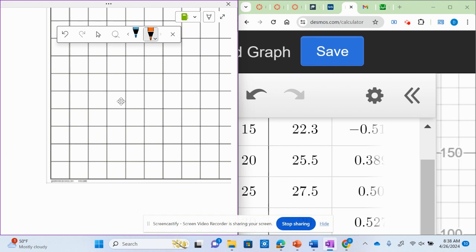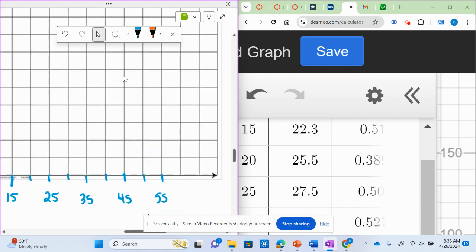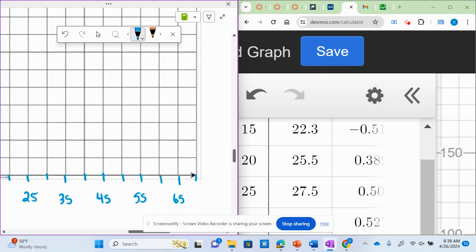So let's do this. I'm going to start with the 15, 20, 25, 30, 35, 40, 45, 50, 55, 60, 65, 70, and I have to extend my graph to get 75.